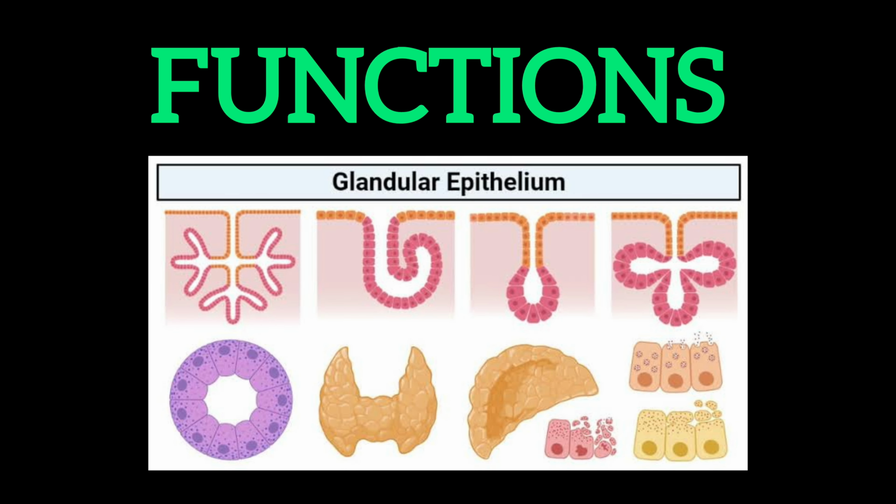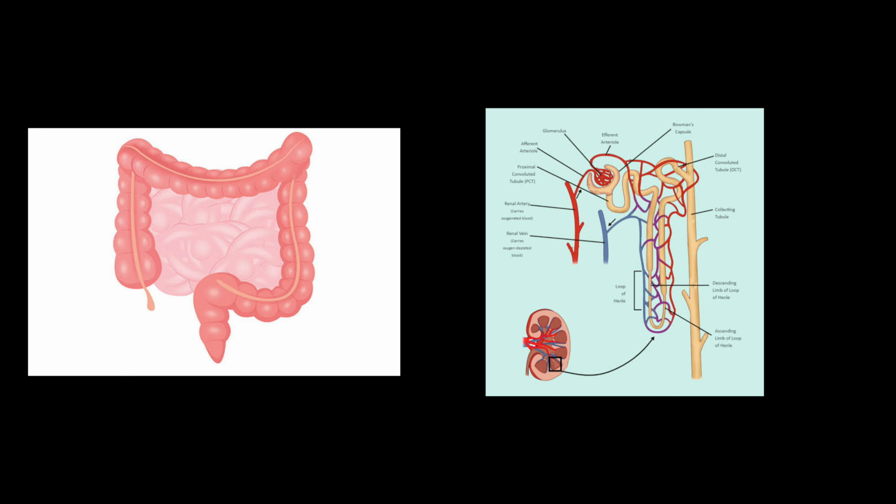Another important function of cuboidal epithelium is secretion. Sometimes this cuboidal epithelium specializes into glands and secretes certain chemicals. This type of epithelial tissue is known as glandular epithelium. Cuboidal epithelium is present in the lining of kidney tubules and intestine, and helps in absorption of materials.